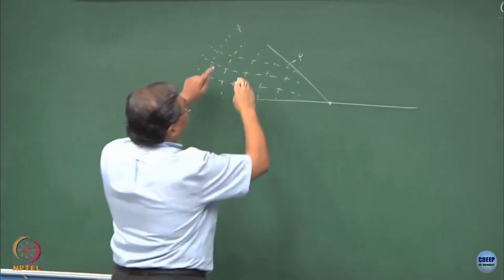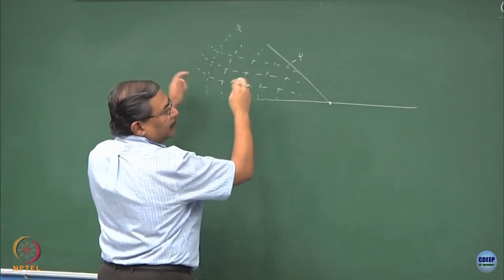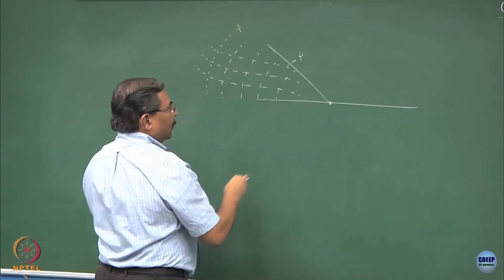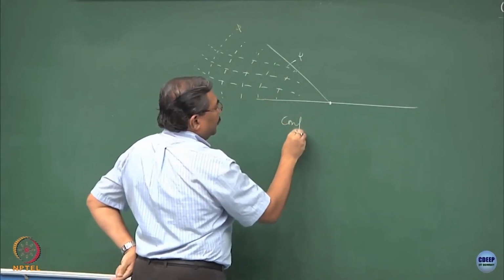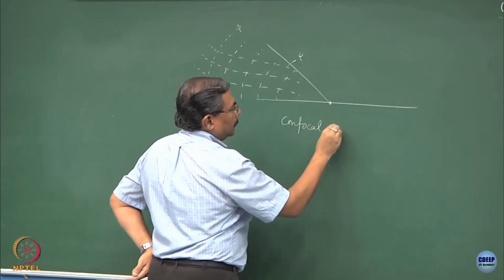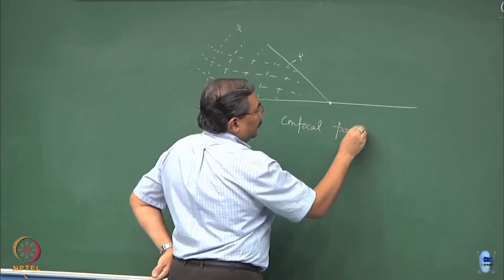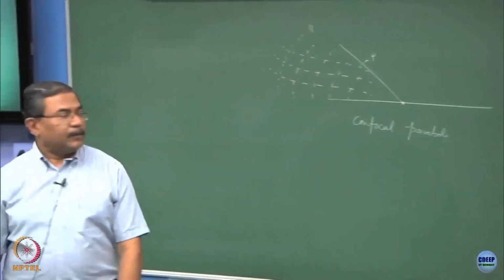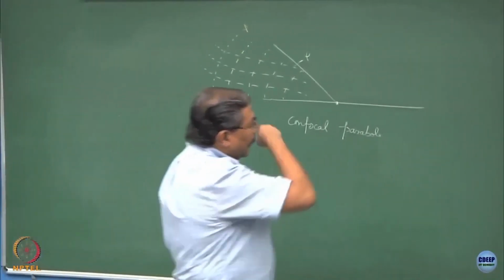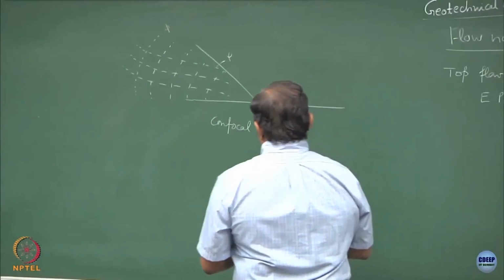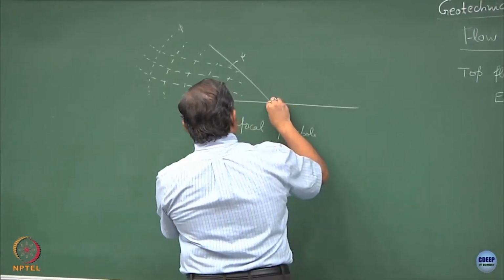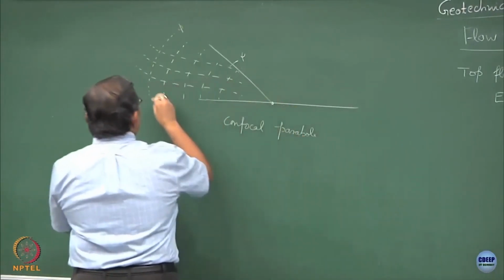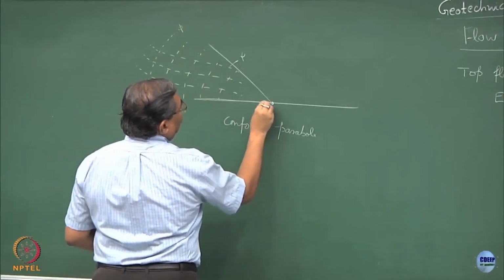What you are observing here is that this is going to be a set of confocal parabolae, alright. Now, suppose I consider this point. Now, this is what is going to be the bottom flow line.